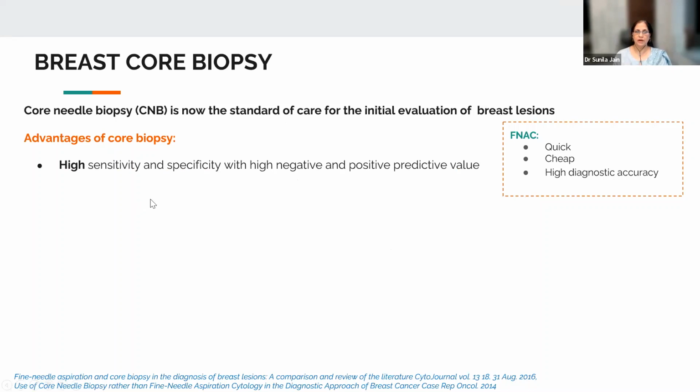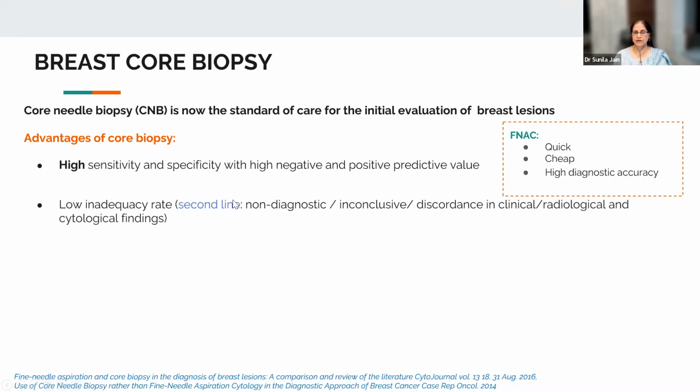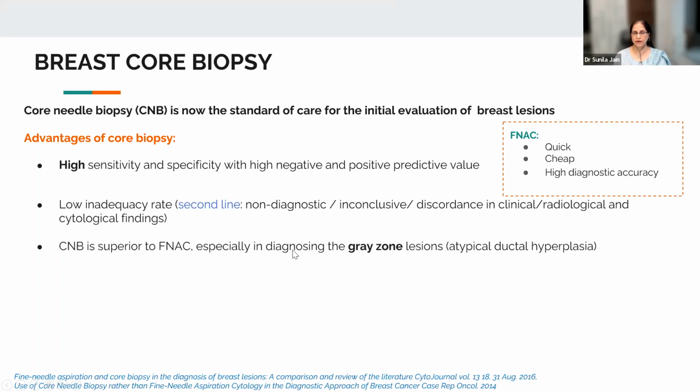To name a few, it has a higher sensitivity and specificity as compared to FNAC. It has a low inadequacy rate, so it is used at some institutions as a second line of approach, when the lesion is inconclusive or there is a discordance in the clinical, radiological or cytological findings. CNB is superior to FNAC, especially in the gray zone lesions, which I will be discussing.